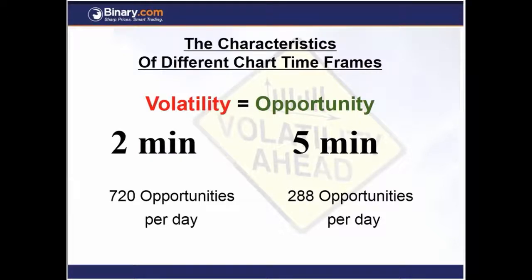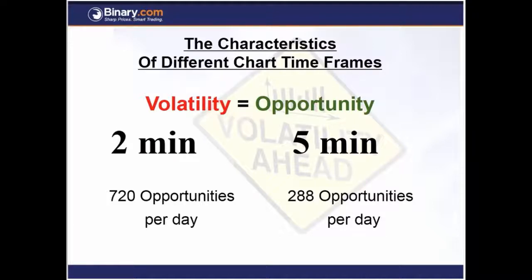Each time frame or each expiry has its own personality, if you will, its own traits, its own set of characteristics, and different time frames offer different opportunities. We have the opportunity to make money anytime the market is moving. So volatility or market movement, changes in prices, equals the opportunity to make money.